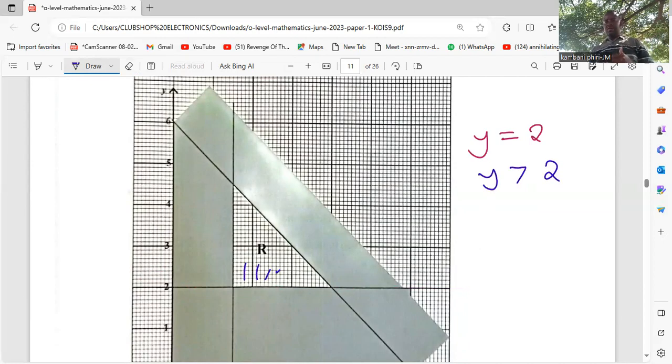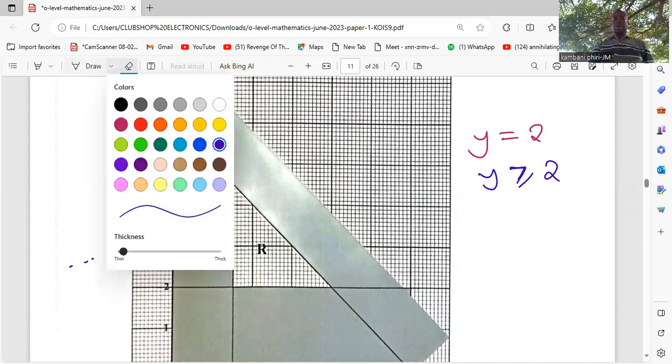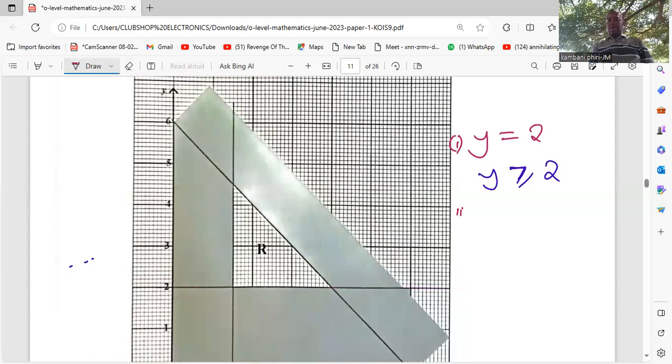Now, again, we must look at the line. This is a complete line, a solid line, not a dotted line. Then we have y greater than or equal to 2. That is inequality number 1. The second inequality, you can pick on this one, passing through the x-axis.